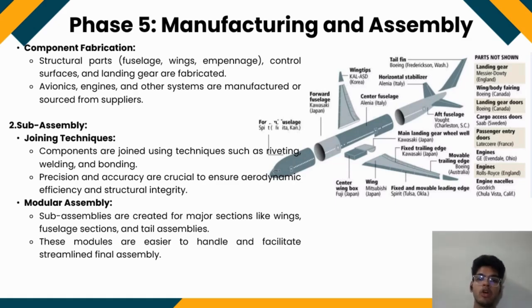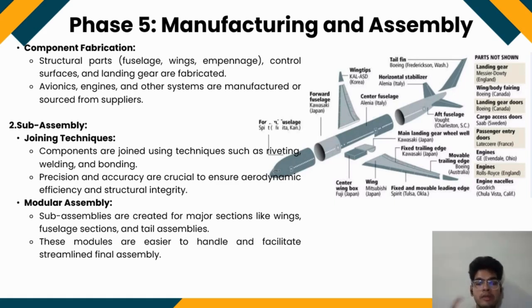After our component selection is done, then we move on to subassembly. This involves the joining of the different parts to create larger sections of the aircraft. Joining techniques like riveting, welding, and bonding are used depending on the material and the required strength of the joints. During sub-assembly, major sections such as the wings and the tail assemblies are constructed.